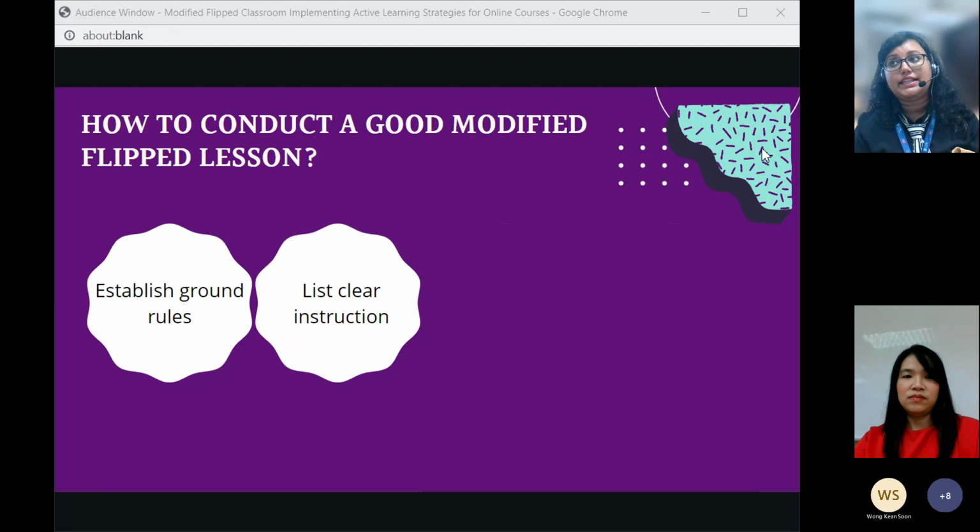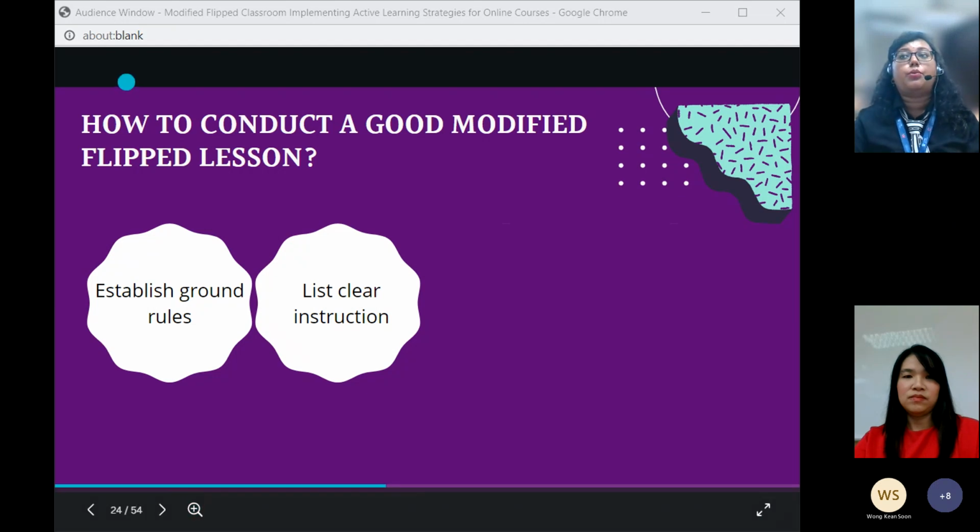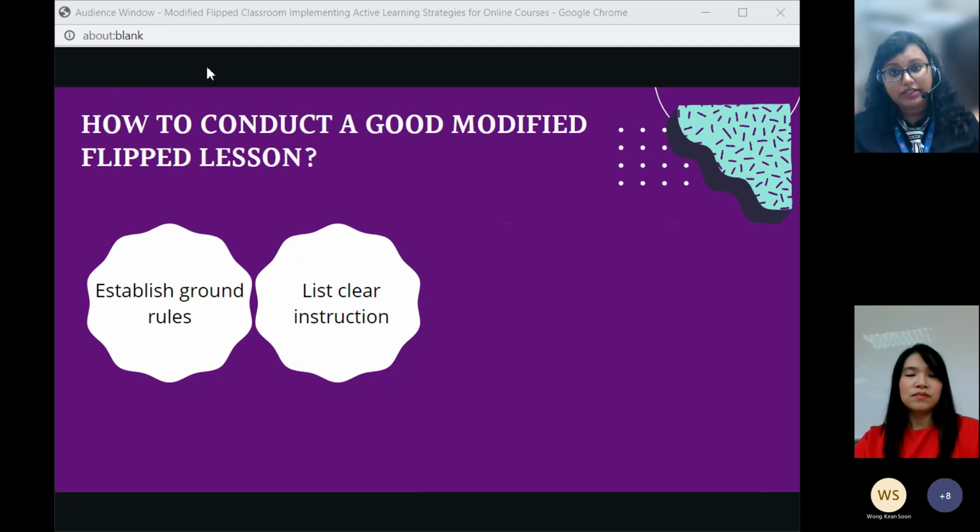So when I say list clear instructions, that means when you ask students to do their self-study, you give them materials, yes, you give them videos, yes, you give them PDF files to read and ask them to research. But to what extent are they supposed to study? What is it that they're supposed to focus on?